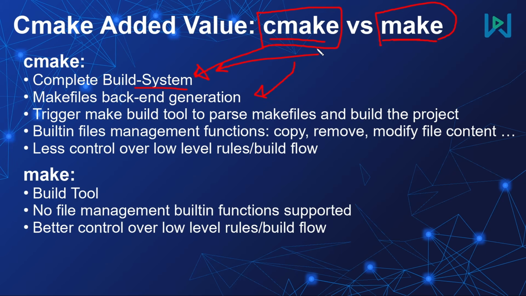No. The CMake will automate the flow of the generation of the different makefiles, and those makefiles will embed the different dependencies between the rules to compile our sources. And this is why the CMake is called a build system generator, because it generates as backend the list of the makefiles that embed the different rules to compile our sources.